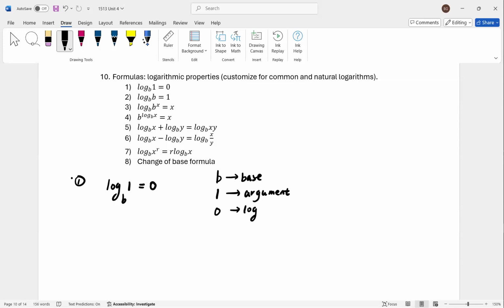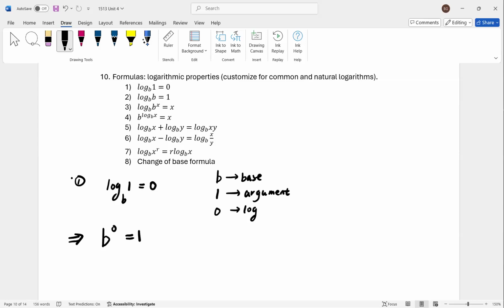And we are able to convert the equation in its exponential form. So its equivalent form in the exponential expression would be b to the power 0 equals 1. B is the base. Log, remember log, always on the shoulder, a piece of wood, right? Carrying on the shoulder. So b to the power 0 equals argument.